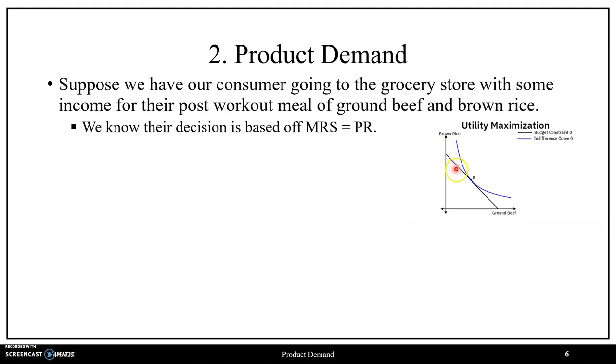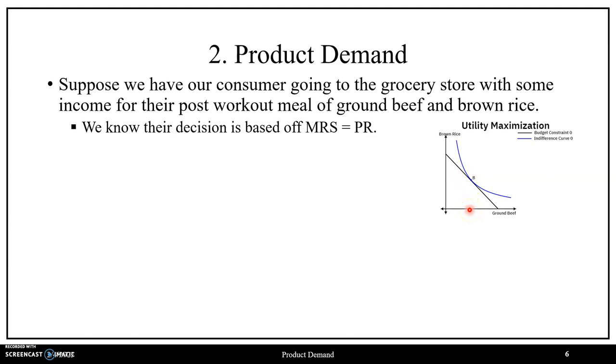We have our downward sloping budget constraint in black representing all our possible choices, and we have our highest indifference curve compatible with this budget constraint representing a particular level of utility, indifference curve 0 in blue. And then we have our utility maximizing bundle where the marginal rate of substitution is equal to the price ratio at point B, giving us our post-workout meal of a particular quantity of brown rice as well as ground beef.